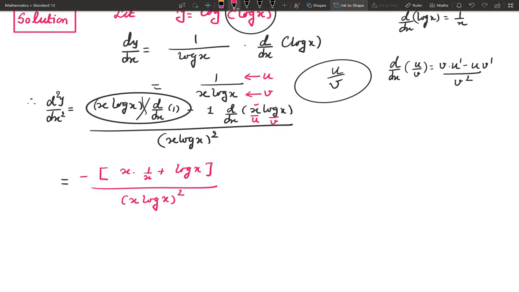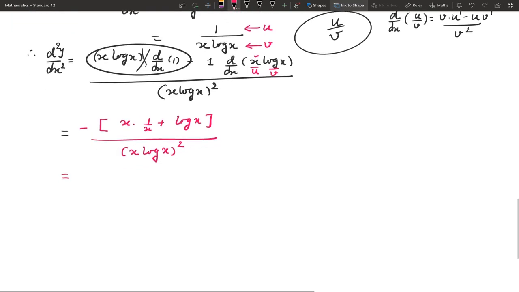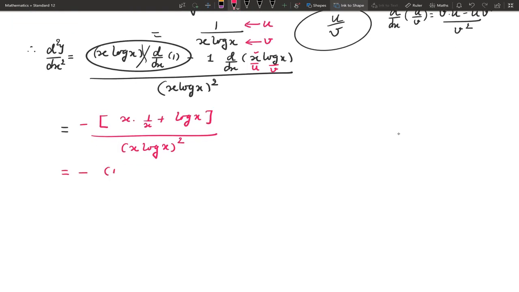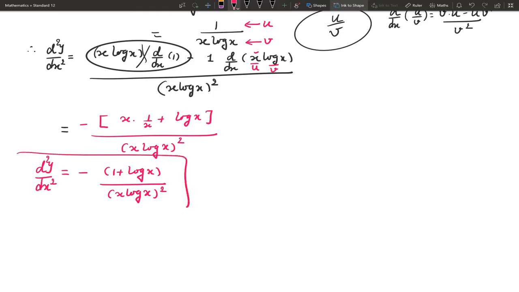So simplification is now minus 1 plus log x upon x log x whole square. This is second order derivative d2y by dx2.